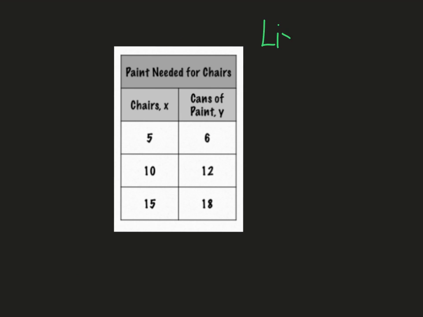And remember, you can always fast forward if you're starting to understand this. And this is just exactly the same as what's on your PowerPoint. So I'm going to look at the change in Y. It goes from 6 to 12, that's 6. From 12 to 18, that's 6. And then how do the X's go up?